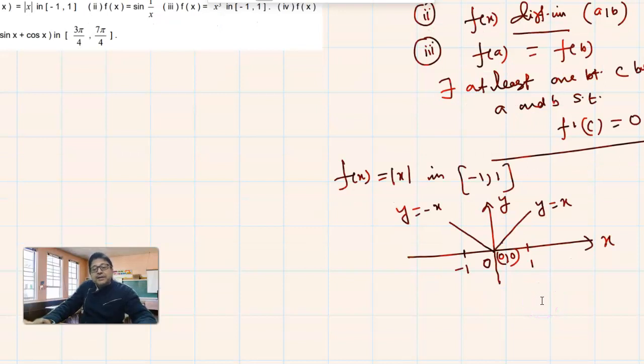The differentiability condition you can check by using the existence of derivative also.